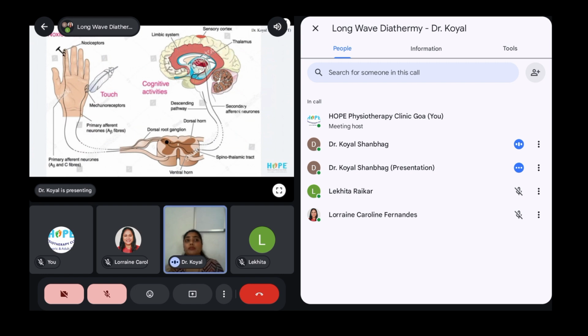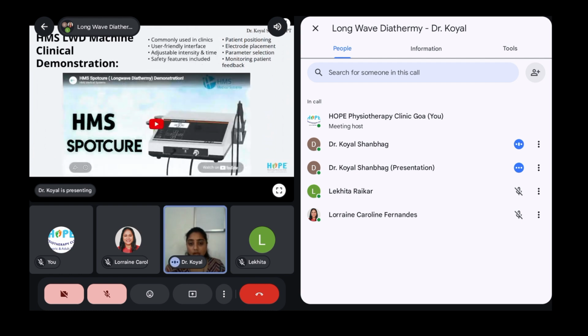So whenever we have pain, we touch, we put pressure. This is all carried by the large nerve fibers, and that is why there is a closure of the gate that happens at the substantia gelatinosa in the dorsal horn of the spinal cord, and thus that signal is sent faster. So this entire modality works on this mechanism, that is the pain gate control theory.